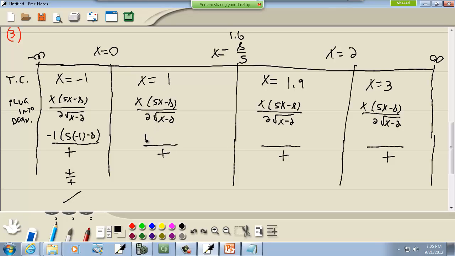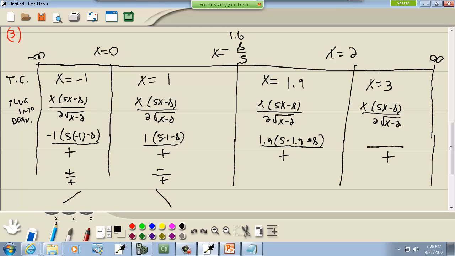Now if I put 1 in here, I got 1 times 5 times 1 minus 8. 5 times 1 is 5, minus 8 is negative, times a positive is negative. So this is negative over a positive, which is decreasing. Now if I plug in 1.9, I got 1.9, and then 5 times 1.9 minus 8.